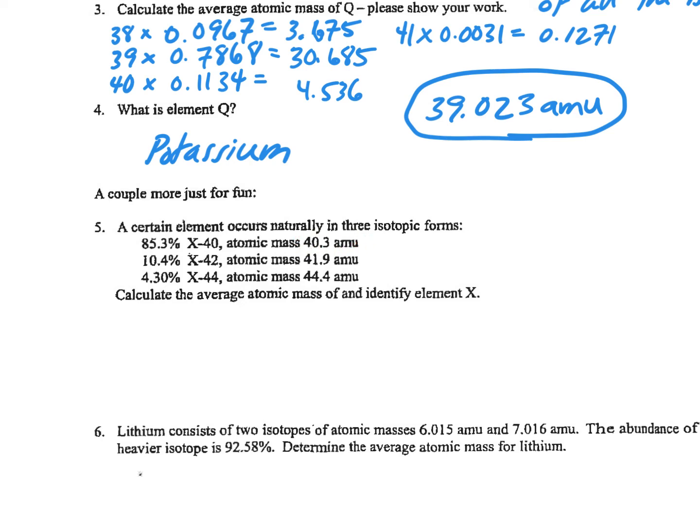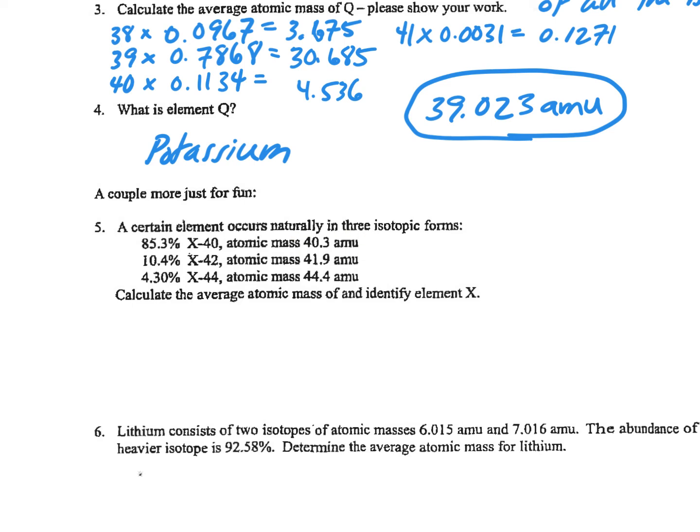So we're going to use that mass. And for 42, the atomic mass is 41.9. For 44, the mass is 44.4 AMU. Now, just looking at this, I would assume that our weighted average is going to be somewhere just above 40, probably less than 41. We'll see what happens, okay?